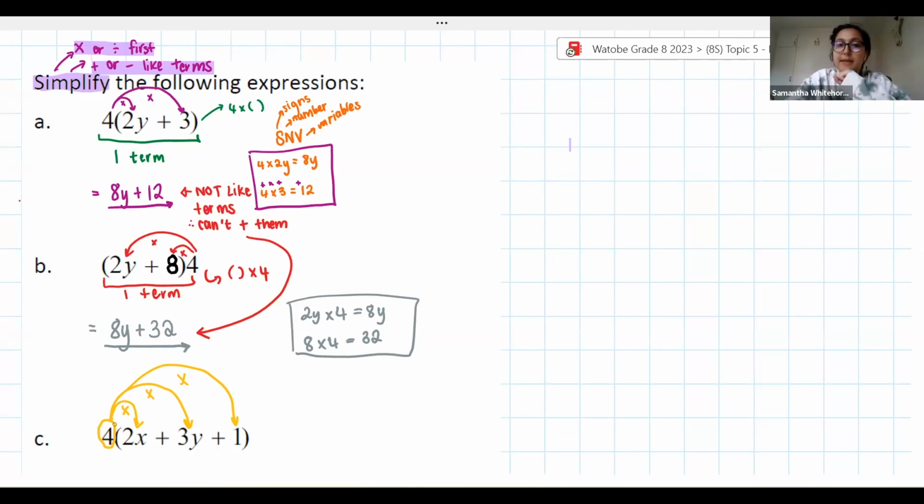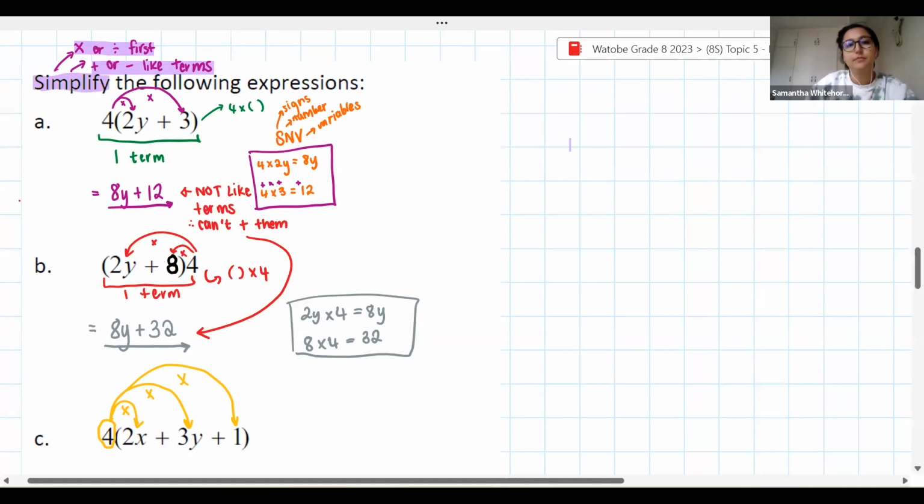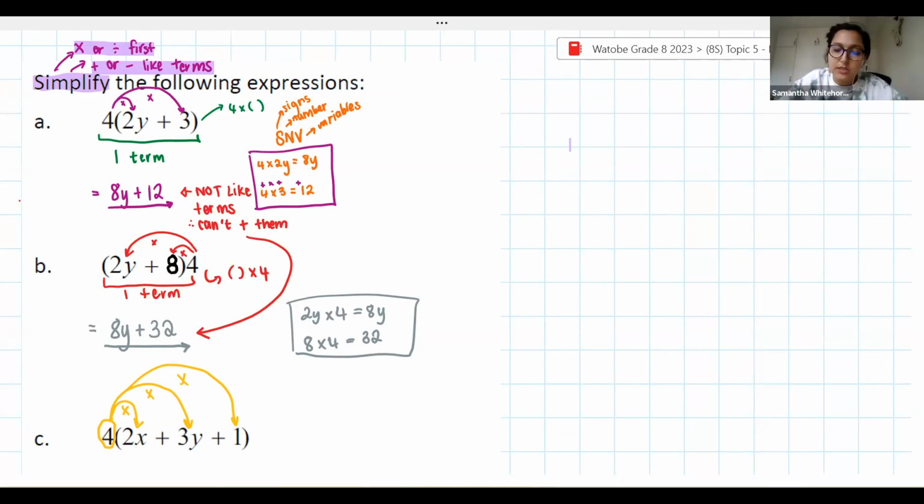And please remember again that you cannot add or subtract terms unless they are like terms. I haven't asked for any hands yet, guys, so we're giving everyone a chance to try and answer.